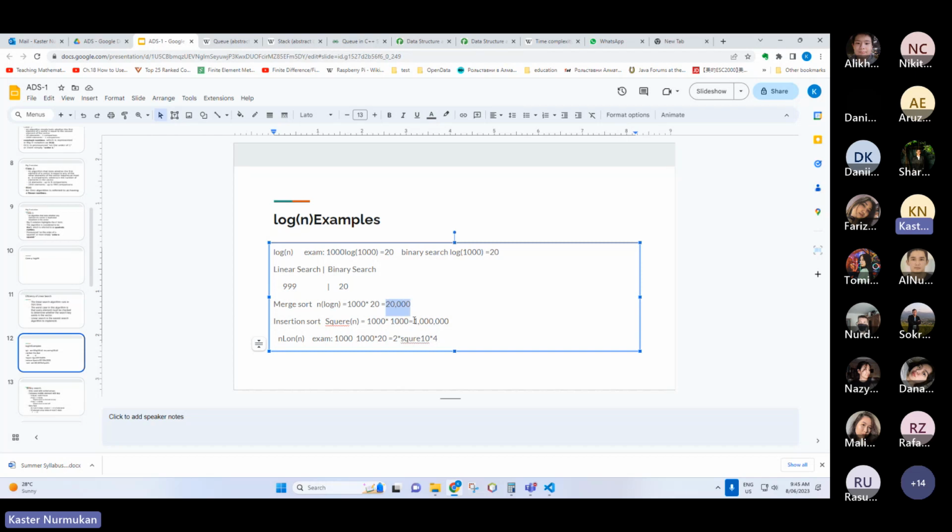This is 10,000 and this is 1 million, so it is about 100 times faster, compared with insertion sort efficiency.